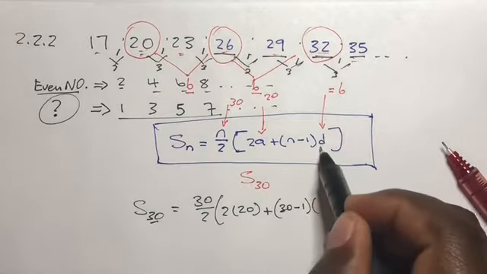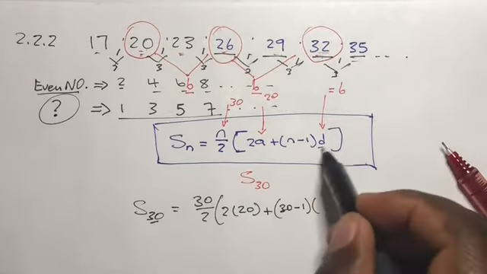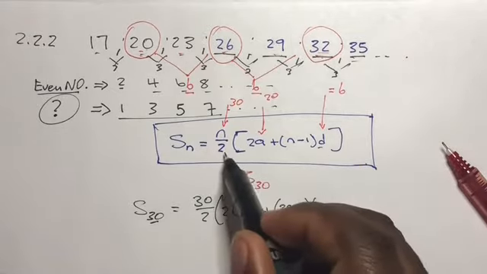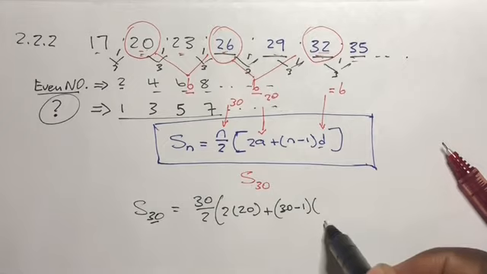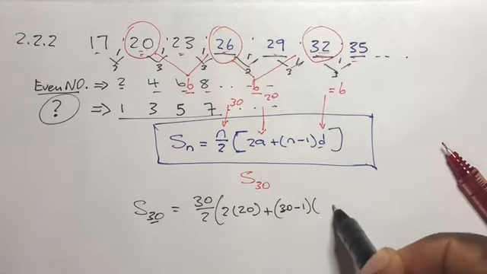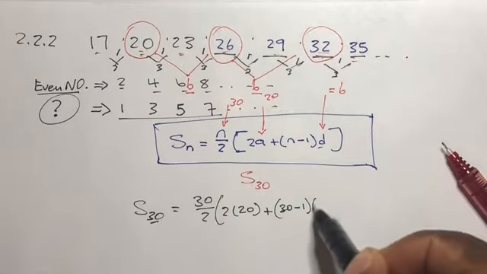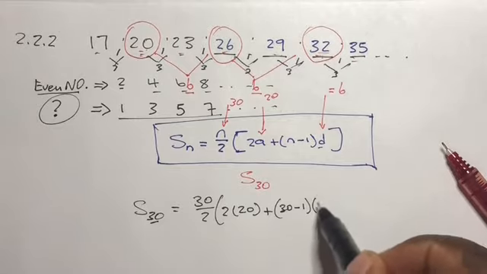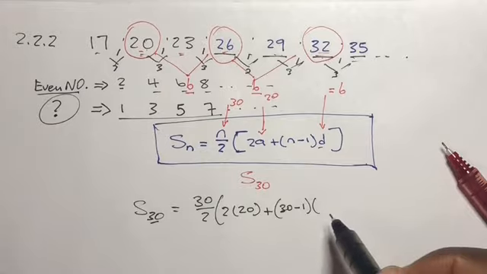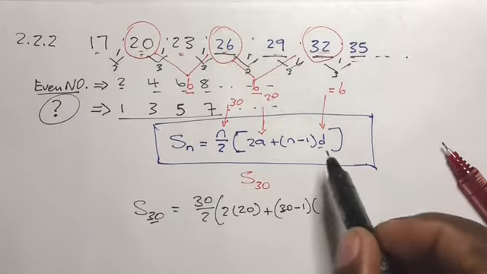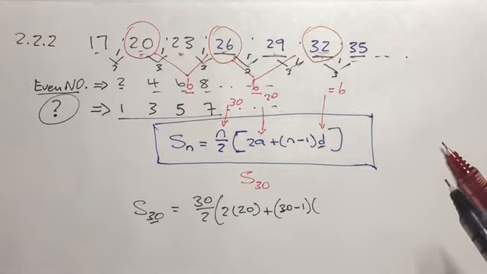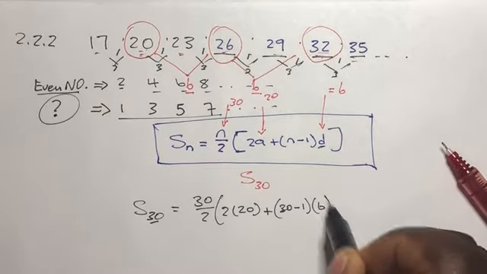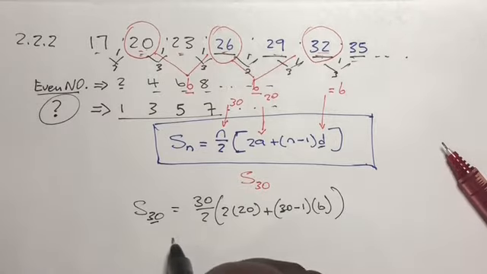Remember guys, your D, you should always put it in brackets. Just try to punch all of this on a calculator and insert your D such that it's not in brackets. That's where you'll notice the need for you to always put that D in brackets. So your D in this case is 6.